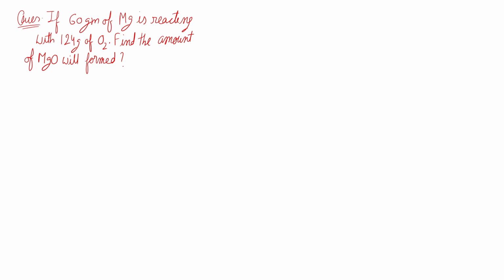given to us, then first of all we have to find the limiting reagent. So first we will write the chemical reaction. So it is the balanced chemical equation we have now. You can see, okay.